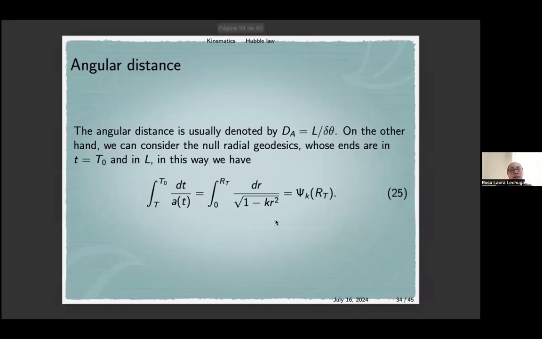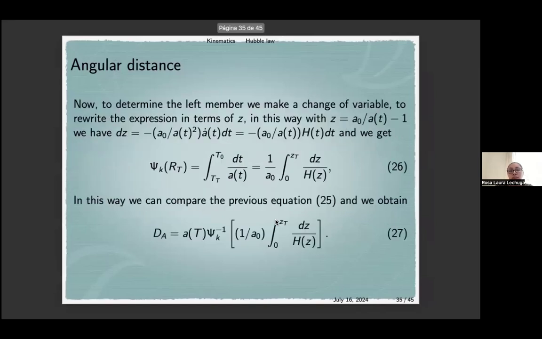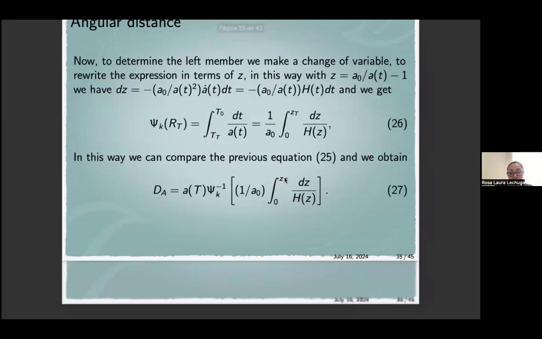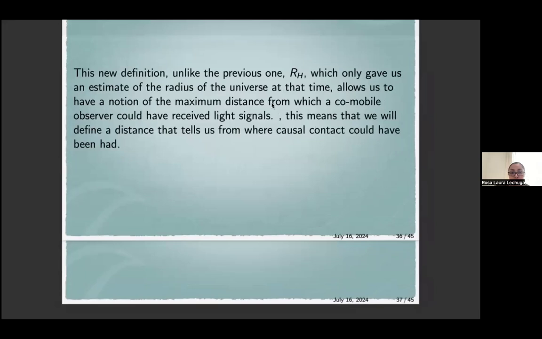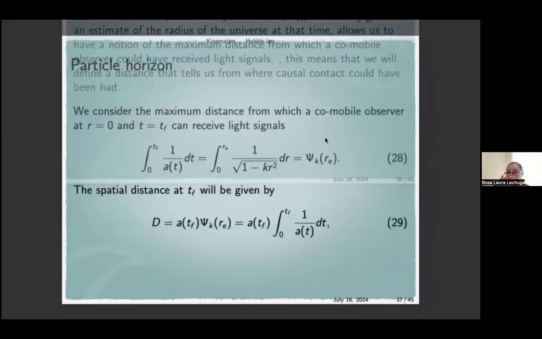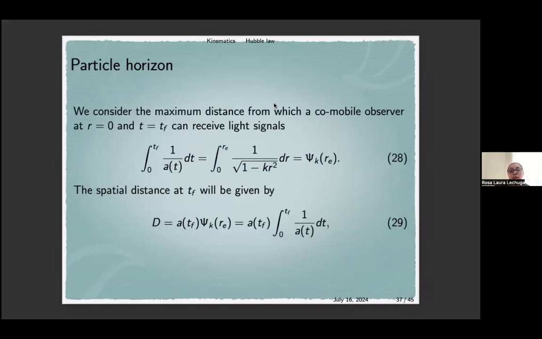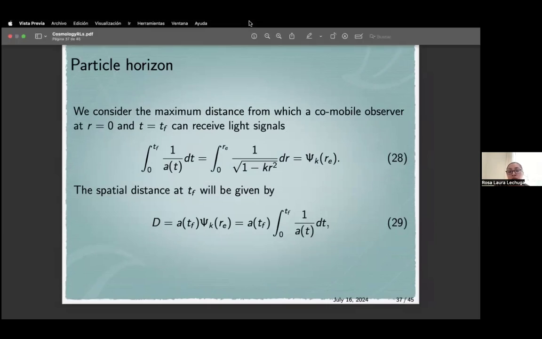notion of distance. This particle horizon is a distance that gives us the characteristic of the causal structure because, for example, with this physical situation, you can imagine that you have an observer sending signals, but now I need to know from where this observer could send us the signals.